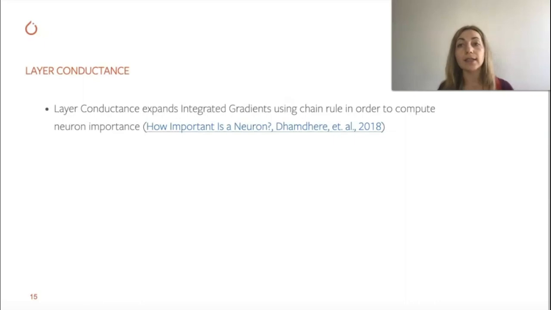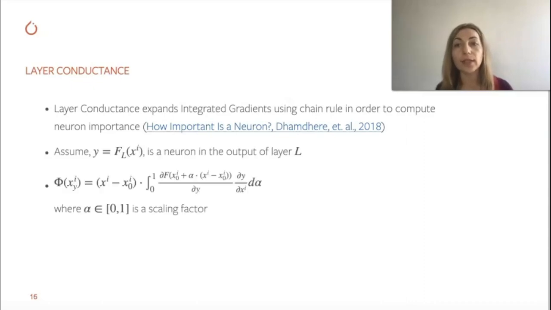Layer conductance extends integrated gradients using the chain rule with respect to internal neurons. The difference between integrated gradients and layer conductance is that instead of computing the integral of gradients of model output with respect to the neurons in layer L, layer conductance computes the gradients of model output with respect to the internal neuron layer L, and then multiplies it by the gradients of internal layer neurons with respect to the model inputs.